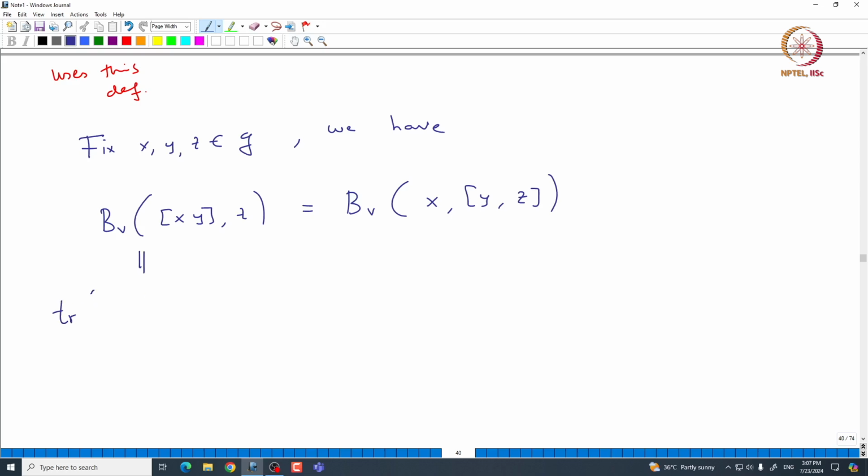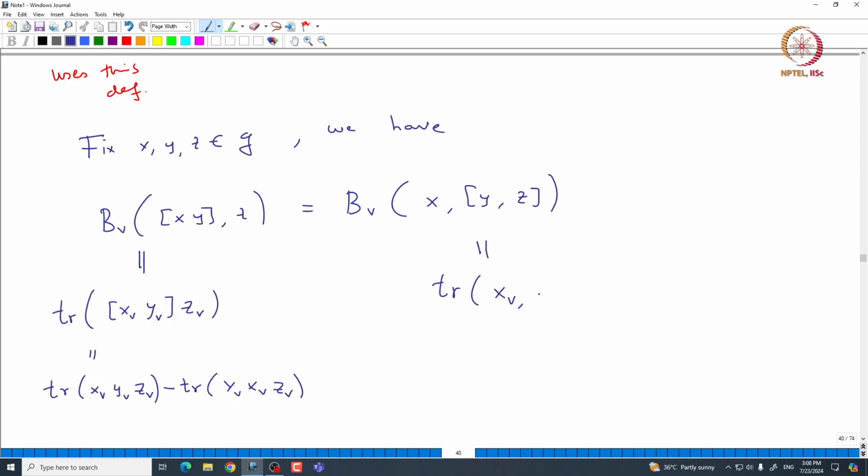This is exactly trace of [x_V, y_V] times z_V. So, this is exactly trace of x_V y_V z_V minus trace of y_V x_V z_V. On the other hand, the right hand side is equal to the trace of x_V times (y_V z_V minus z_V y_V), which is exactly equal to trace of x_V y_V z_V minus trace of x_V z_V y_V.